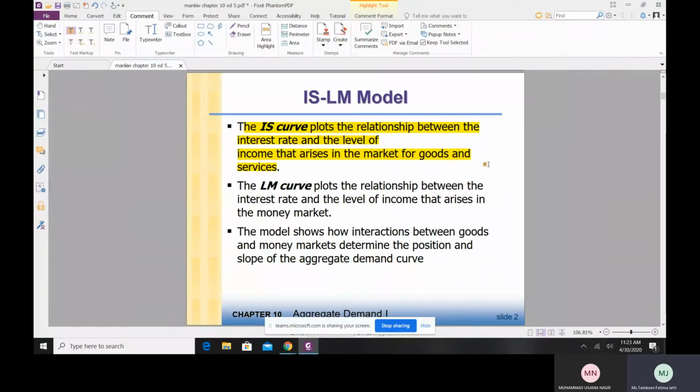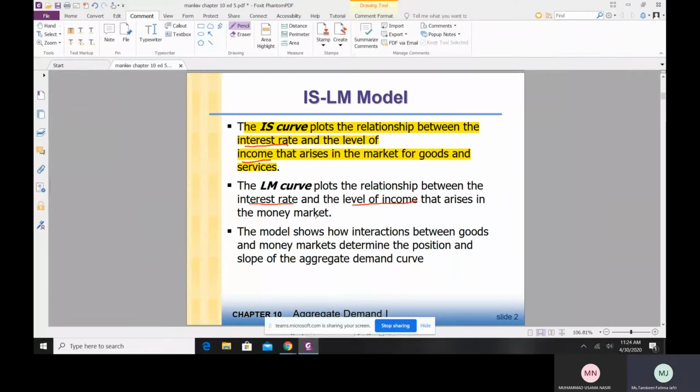So just keep this in mind that IS curve जो है ना वो दो चीजों के दरमियान relationship capture करता है. That is the interest rate and income, which can be depicted by Y. So it captures the relationship between interest and income in the goods market, whereas the LM curve plots the relationship between interest and level of income that arises in the money market.